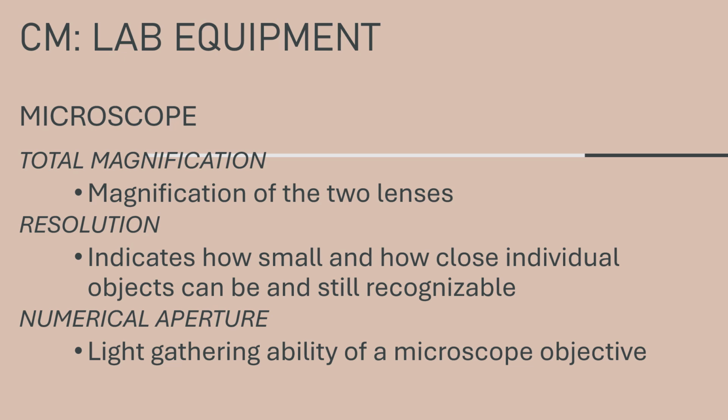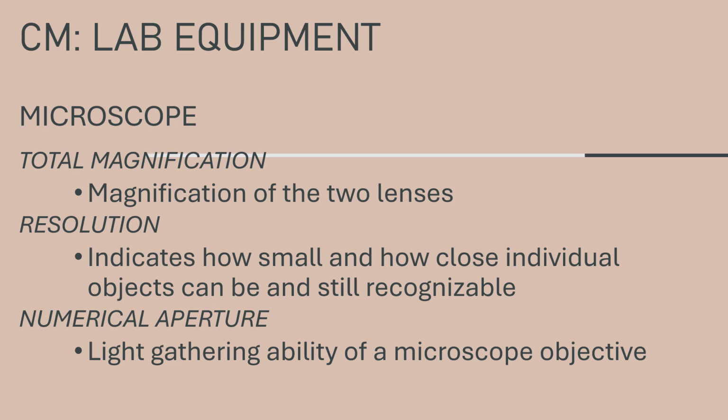As for your resolution, it indicates how small and how close individual objects can be and still be recognizable. That is otherwise known as the ability of a lens to distinguish between two points or objects as separate.